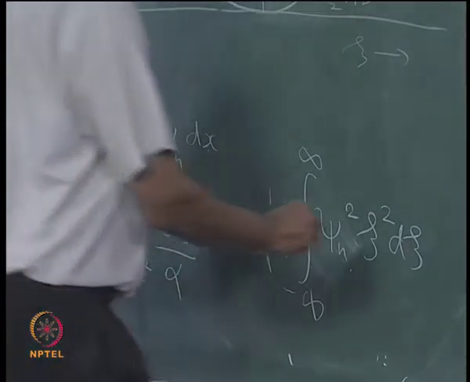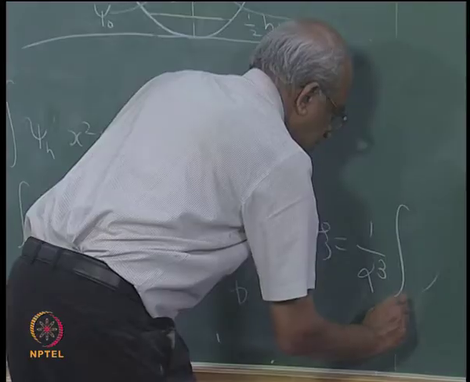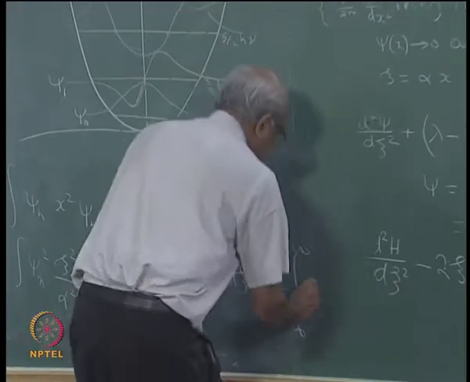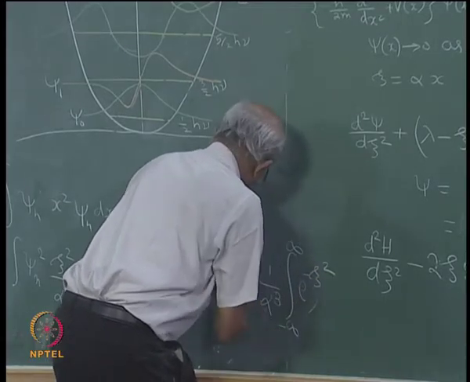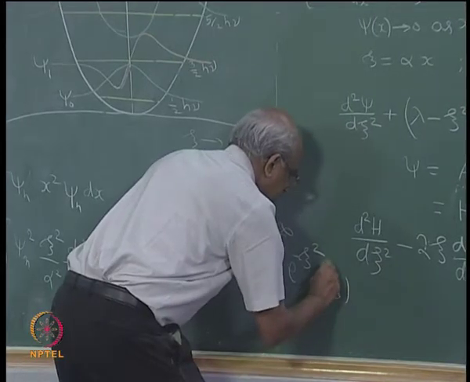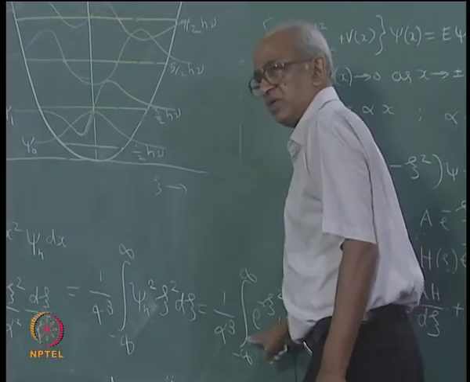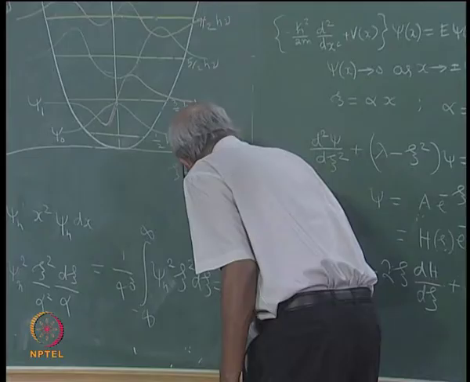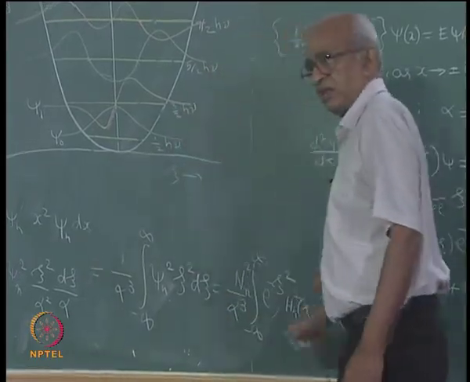And this is actually equal to 1 by alpha cube, minus infinity to plus infinity. Let me substitute for psi n square, it is actually e to the power of minus c square H n c square, right. This is just psi n square. There must be a normalization factor which you will write as N square, right.